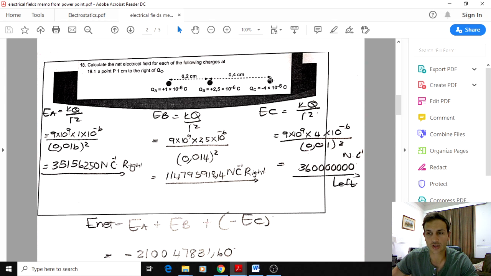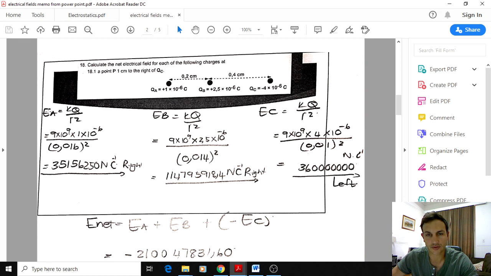And then let's say there's another point P over here that's a centimeter away from charge C. So what we need to do now is work out the electric field strength relative to every charge.